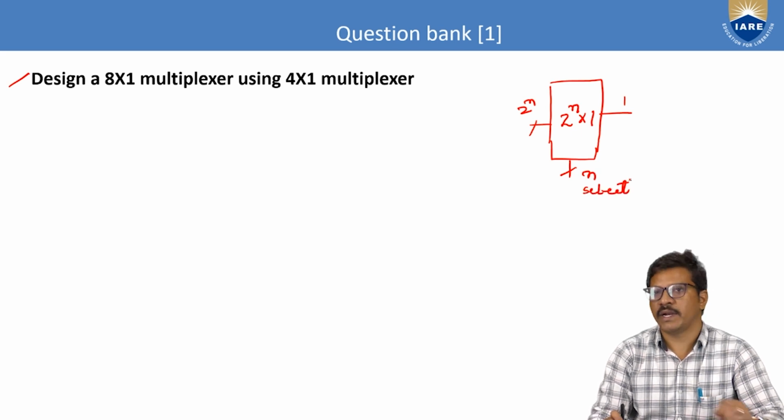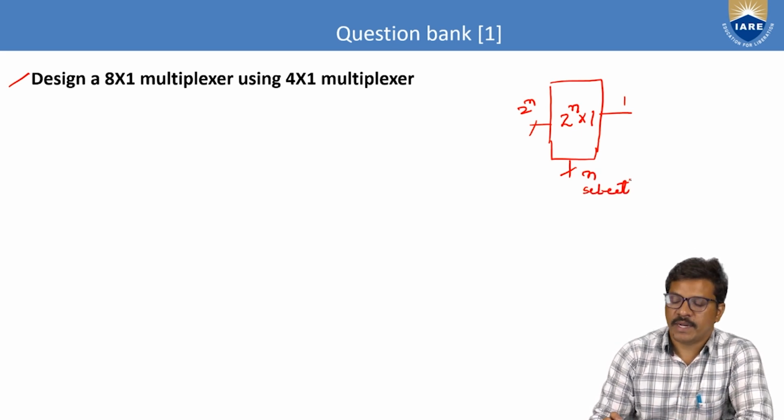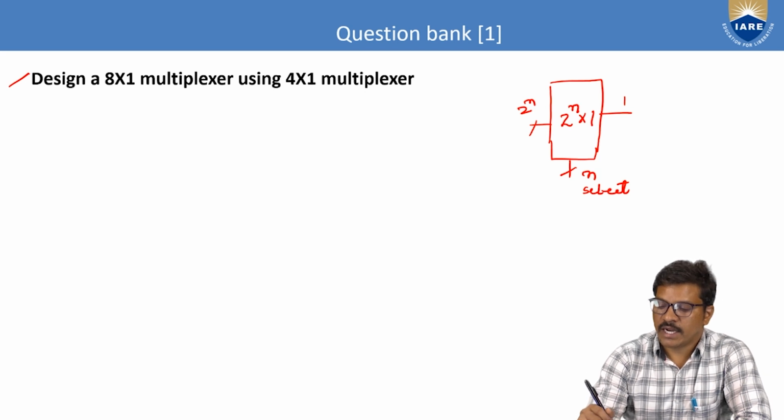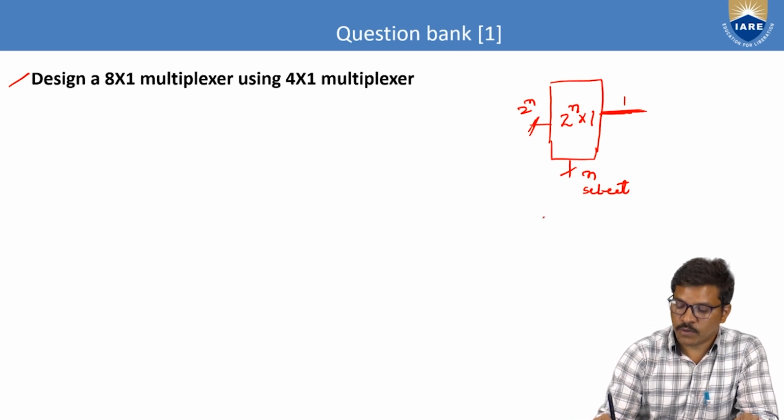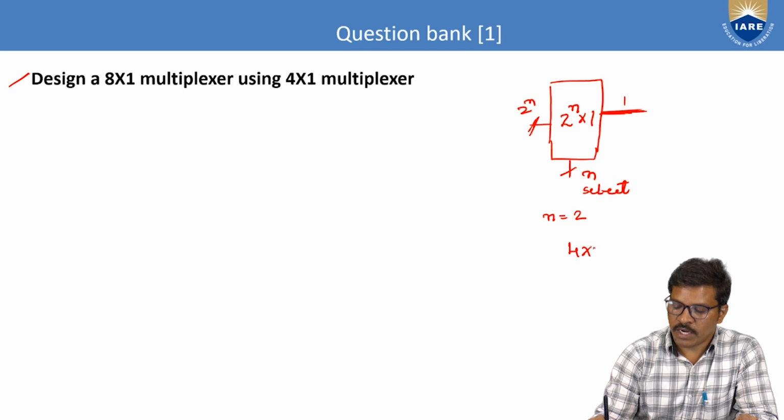So for any multiplexer, based on the select lines, it will select one among the 2 power n possibilities and connect it to the single output. If you substitute n is equal to 2, then 2 power 2 means a 4x1 multiplexer.